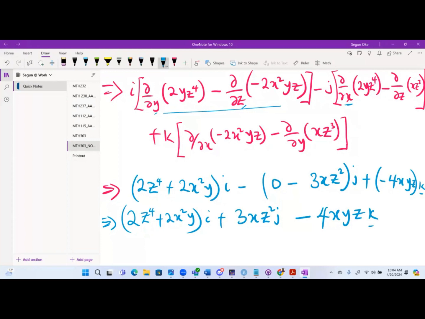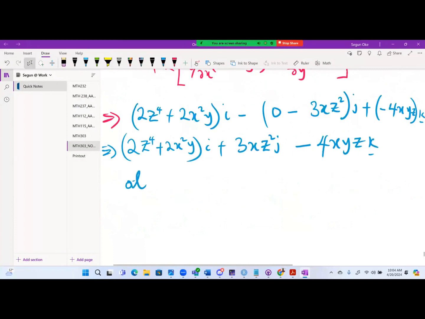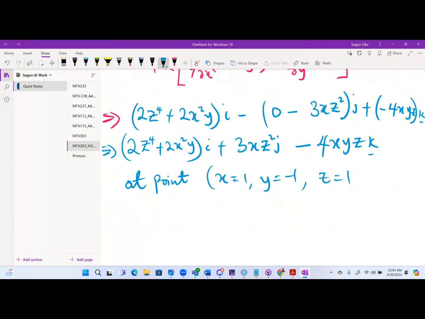But we are given a point: x equals 1, y equals -1, z equals 1.